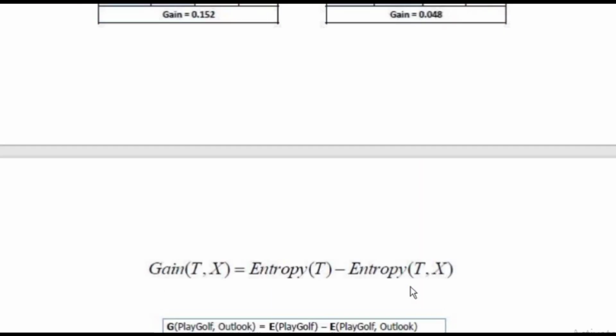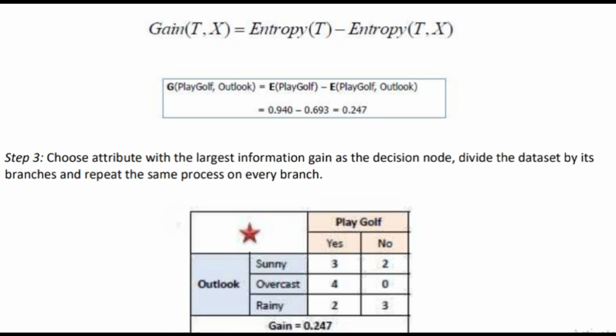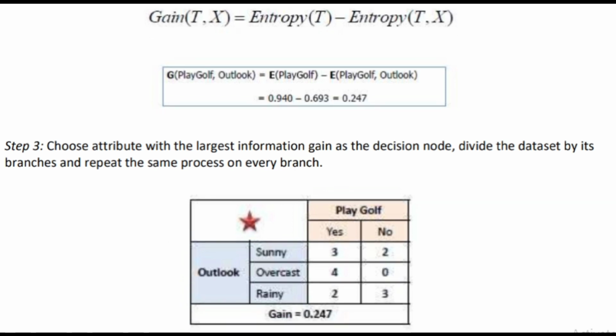Gain(T, X) is equal to entropy(T) minus entropy(T, X). Gain(play golf, outlook) is equal to E(play golf) minus E(play golf, outlook), which is equal to 0.94 minus 0.693, which is equal to 0.247. Step number 3. Choose the attribute with the largest information gain as the decision node. Divide the dataset by its branches and repeat the same process on every branch.